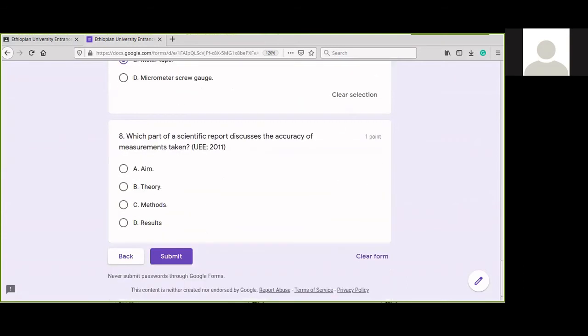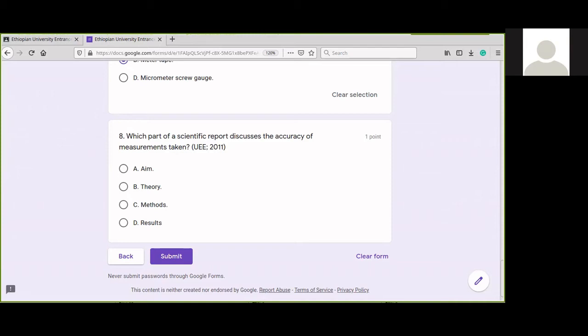Okay. Let's see question number 8. Which part of a scientific report discusses the accuracy of measurements taken? A, aim; B, theory; C, methods; D, results. D, results?